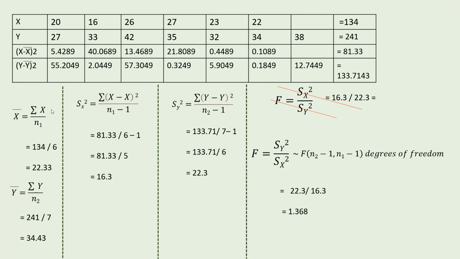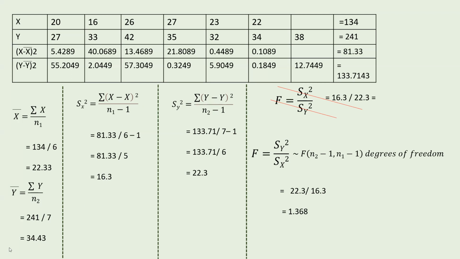So X bar is summation X by N1. So 134 by 6 gives the answer 22.3. And Y bar is summation Y by N2. So 241 by 7 gives us the answer 34.43. Next, we have to substitute in Sx square. So Sx square will be summation X minus X bar the whole square divided by N1 minus 1.